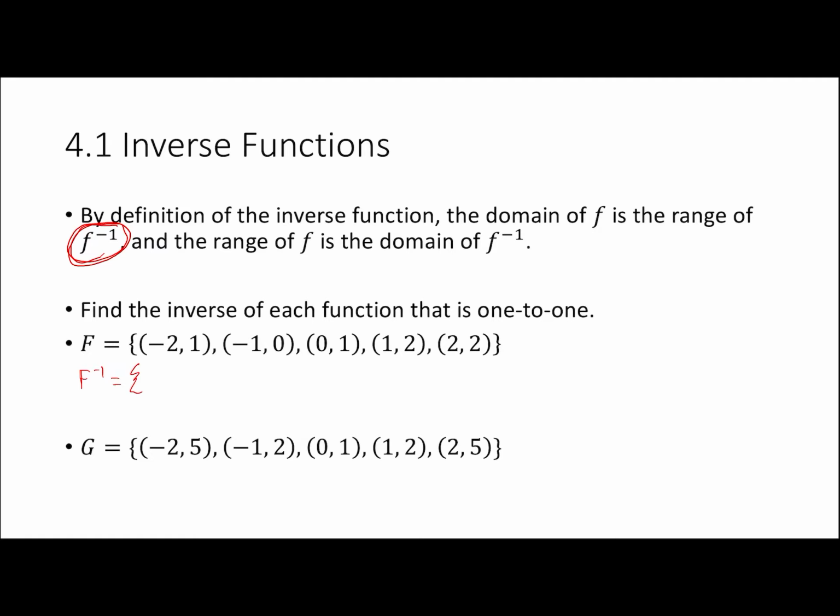And because, again, the domain of f is the range of f inverse, and the range of f is the domain of f inverse, we're just flipping the x and y's. And so our ordered pairs then would be 1, negative 2, 0, negative 1, 1, 0, 2, 1, and 2, 2.